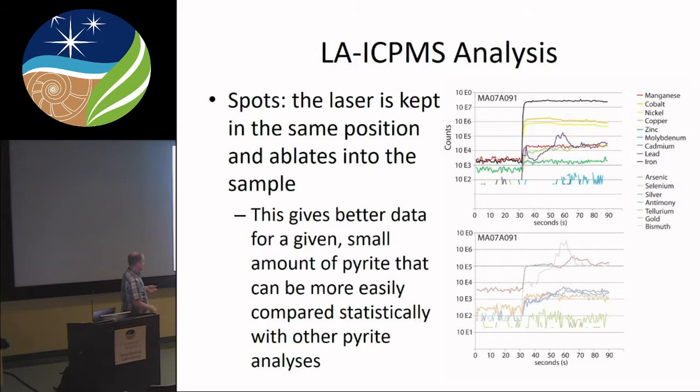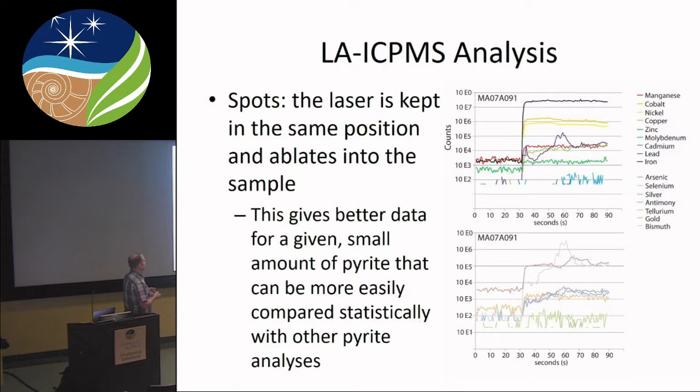This is an example of a laser ablation output chart, and you can see these are interpreted in a couple of ways. So the iron is this top one here. We have the ablation off period to collect background, turn the laser on, and we get counts.